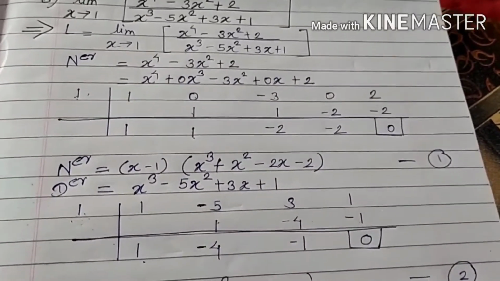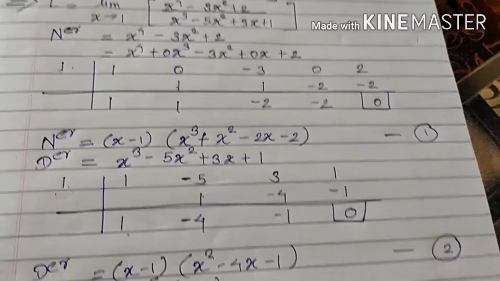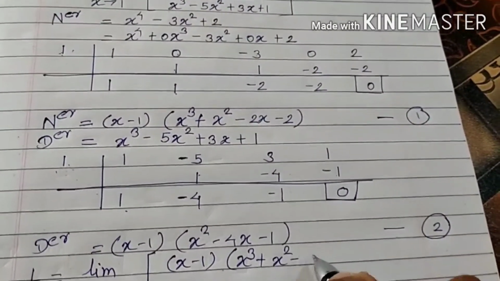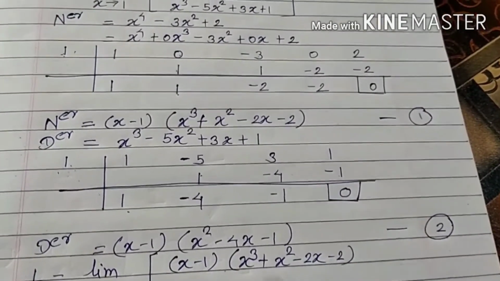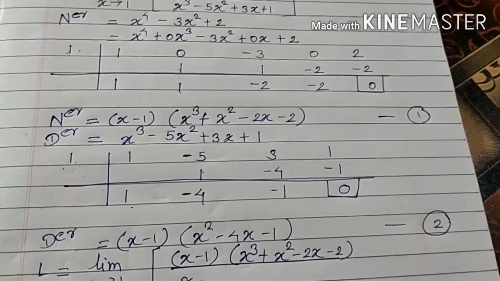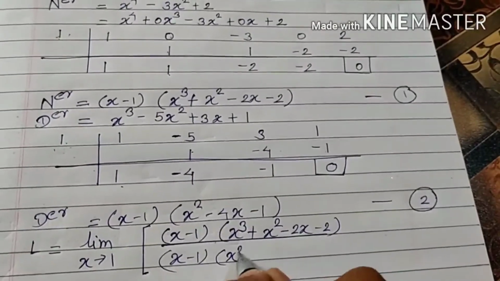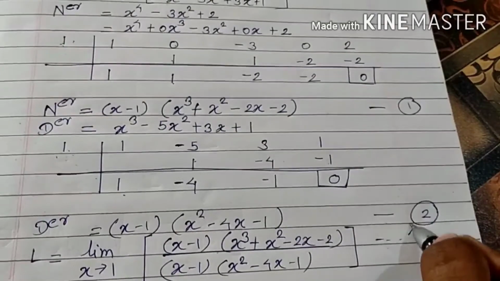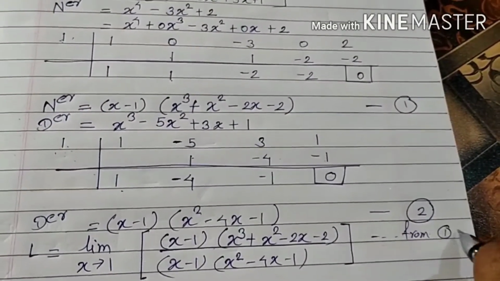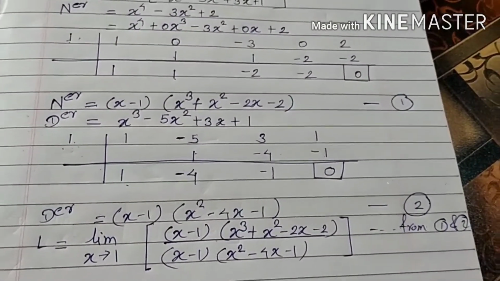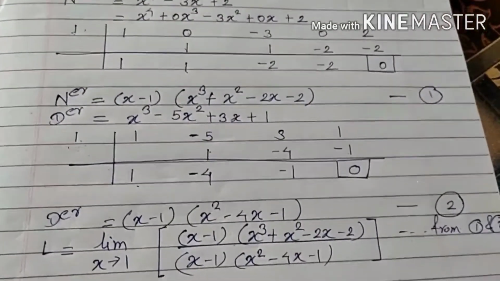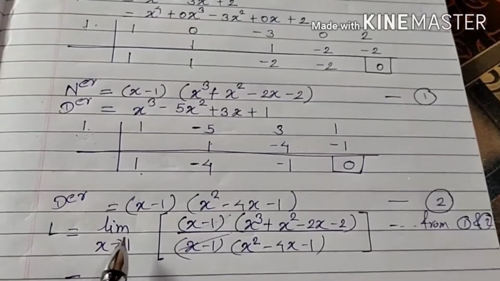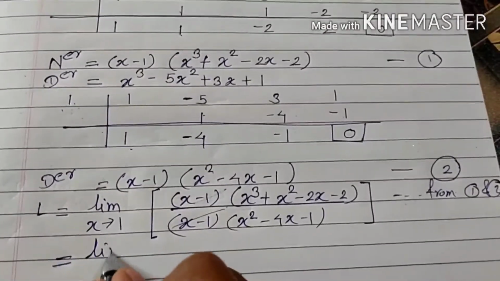So the numerator is x minus 1 into x cube plus x square minus 2x minus 2, and the denominator is x minus 1 into x square minus 4x minus 1, and you can write here from 1 and 2. So it is easy for understanding. Now this x minus 1 factor gets cancelled. So write the remaining terms.